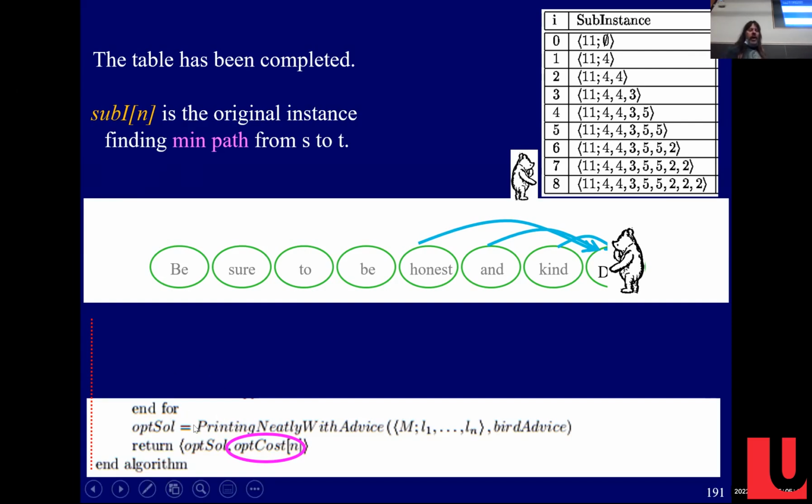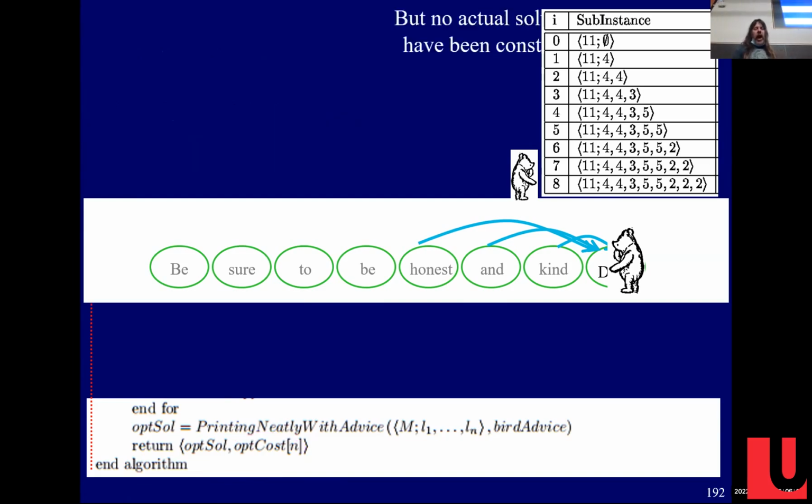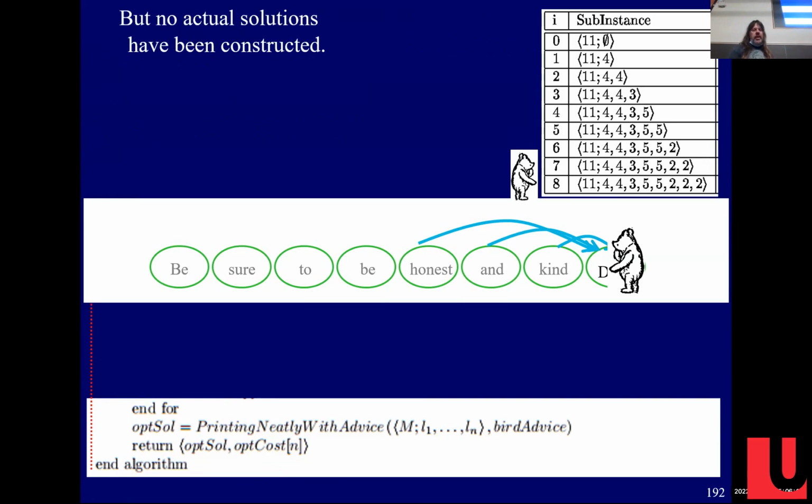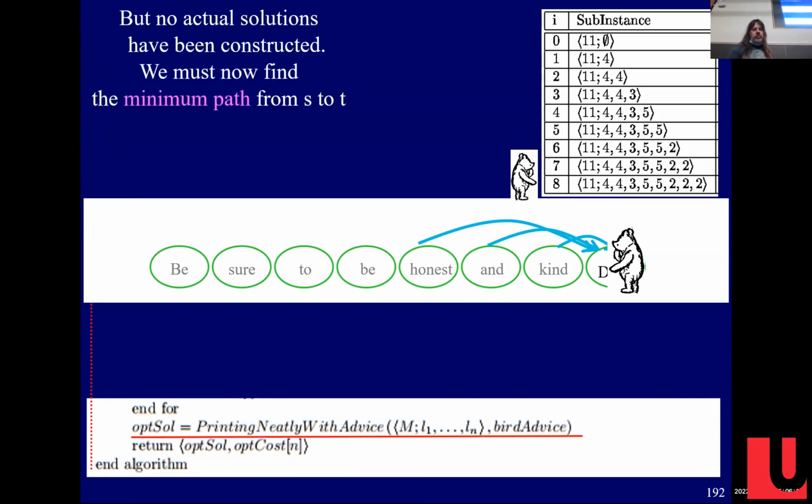So what I have people on the test do is say they're doing it again, but this time they have the bird's advice, right? And the algorithm is you either could do it recursively again with that help, or you could do it iteratively, right? It's pretty easy. I don't make you code it up.